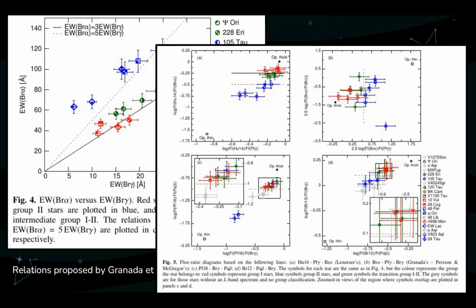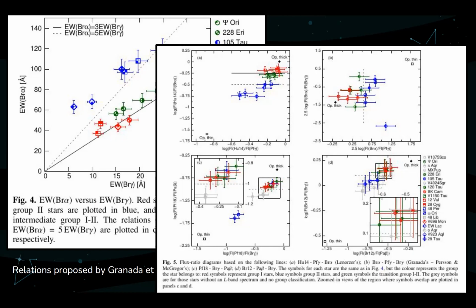So we propose that they should actually be the same, that there is actually part of group 1. I mean, there is a gray area because the Humphrey lines are quite intense, but probably if you see the spectra, they are not as intense as the other lines, but they are intense enough.